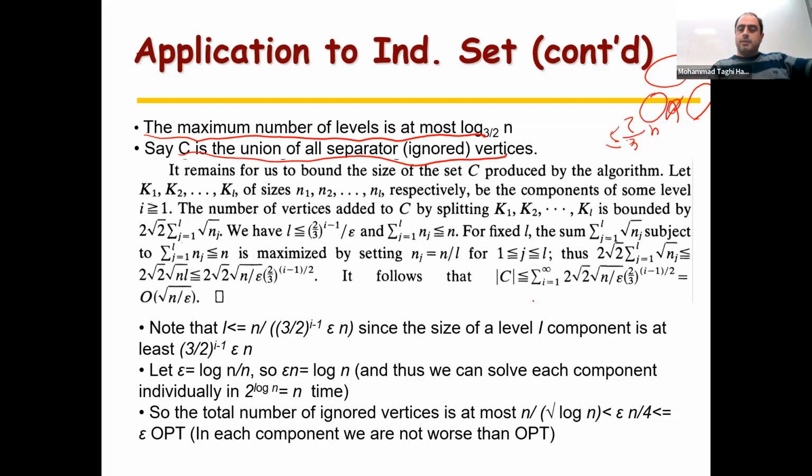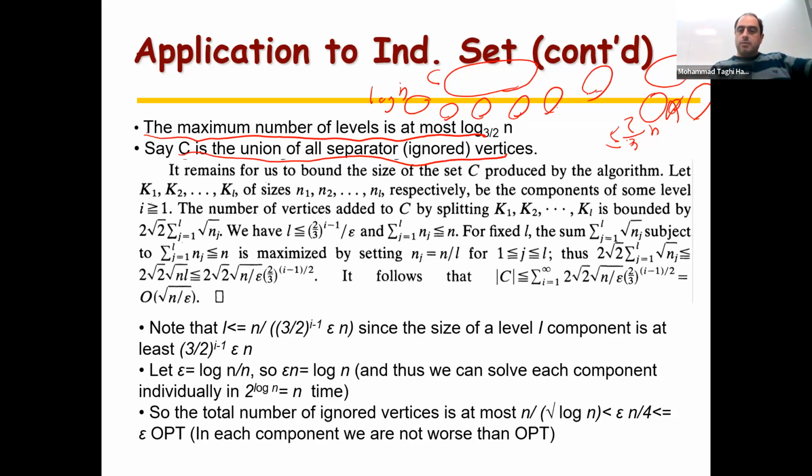Another interesting thing: consider this C, which is the union of all these vertex separators. Then we remove that, and what will remain are these graphs, and we broke the graph into these smaller pieces.